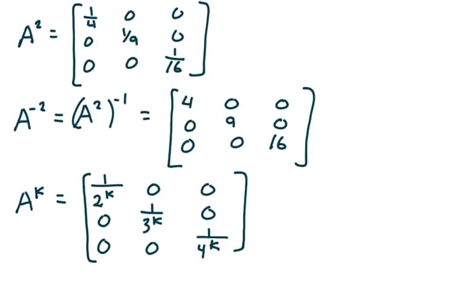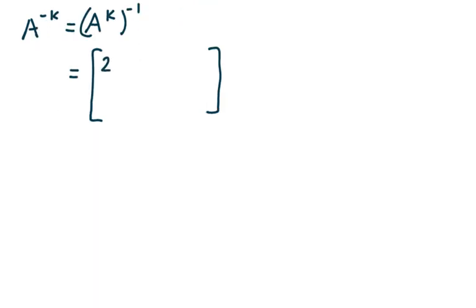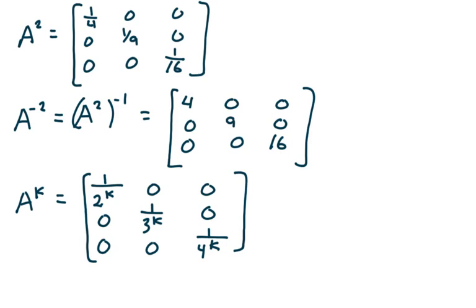And so if I want A to the negative k, this is the inverse of A to the k. And when I do that, I'm going to just get 2 to the k, 0, 0, 0, 3 to the k, 0, 0, 0, 4 to the k. So I just took the reciprocal of the entries along the main diagonal. And that's how we do number 9.